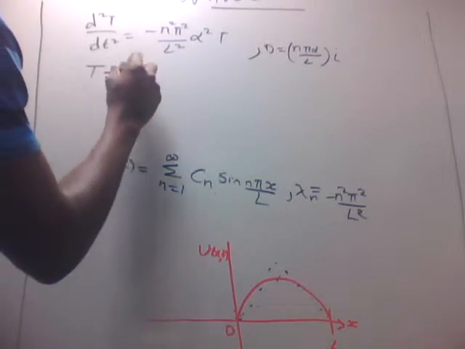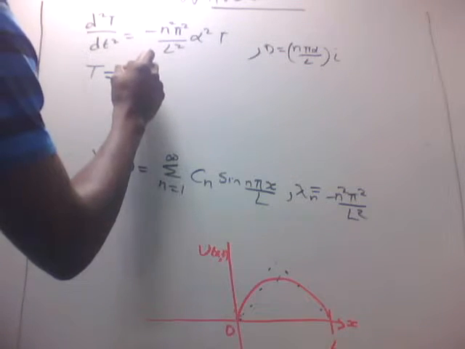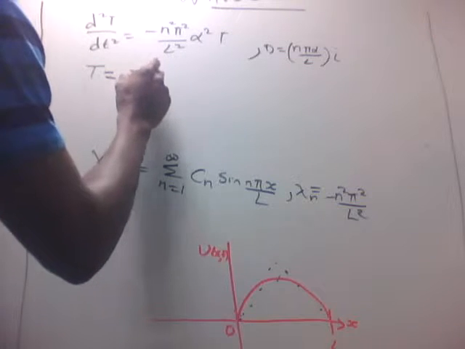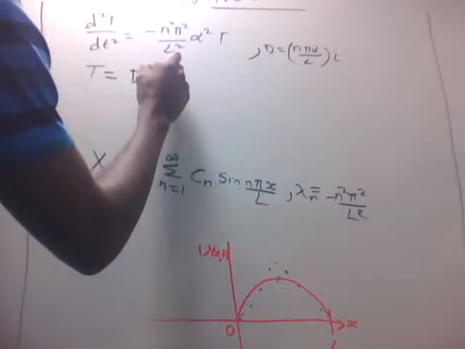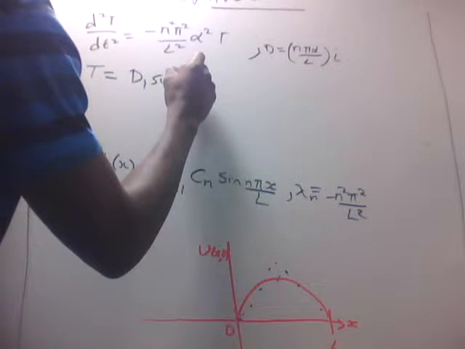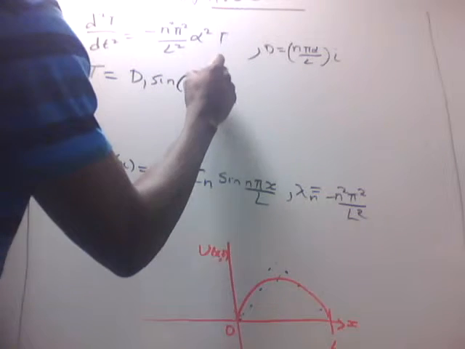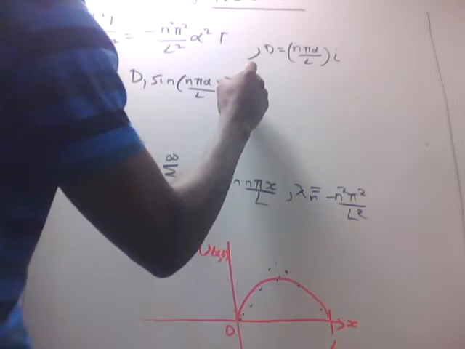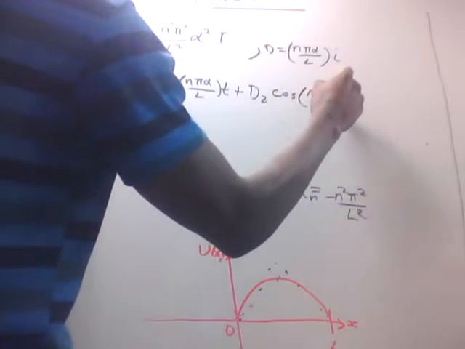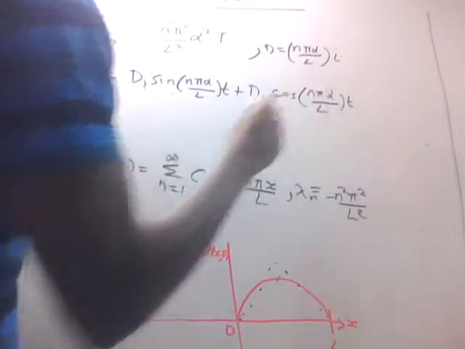T is, call this one d1 sine n pi alpha over L t plus d2 cosine n pi alpha over L t.